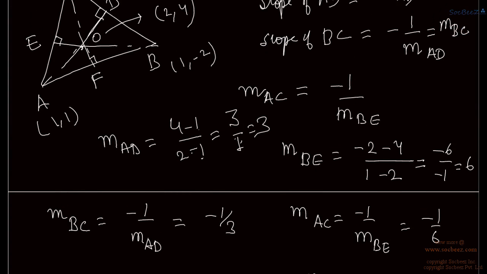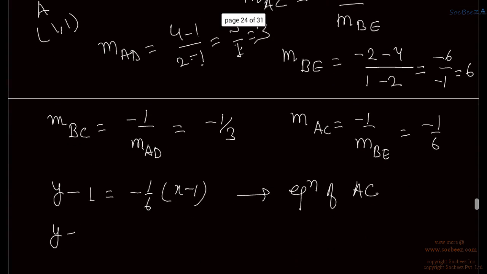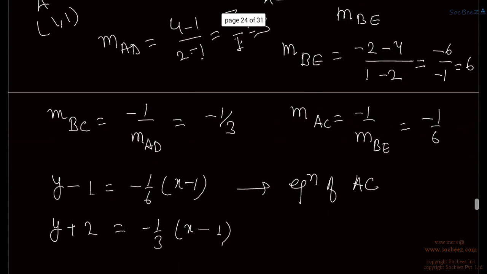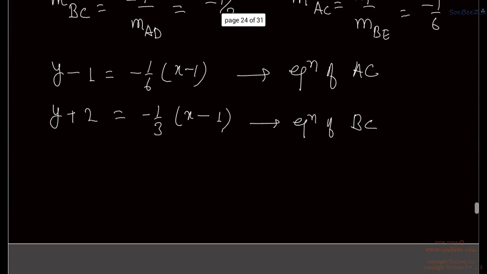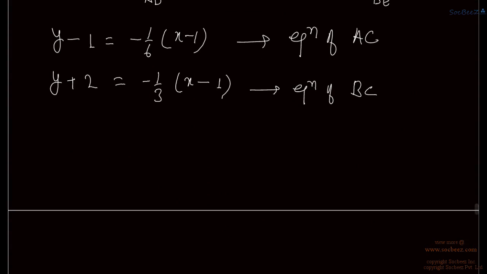So equation of BC is y minus, coordinate of B is 1, minus 2. So equation of BC is y minus of minus 2, which is y plus 2, is equal to minus 1 upon 3, which is the slope of BC, x minus 1, right? So this is equation of BC.